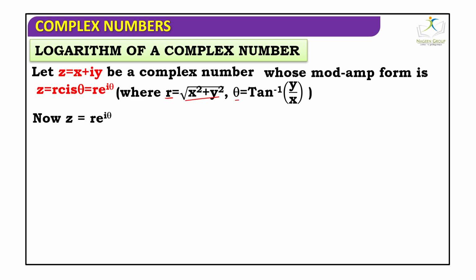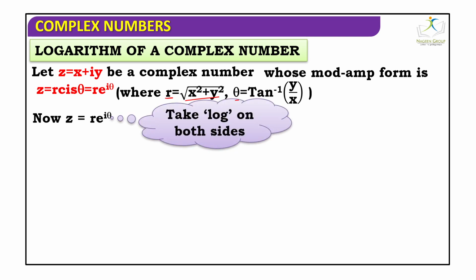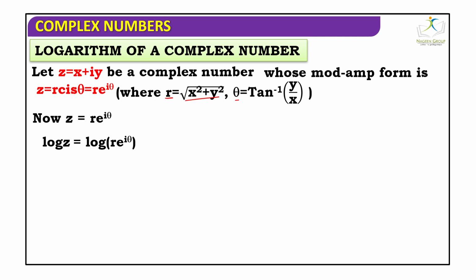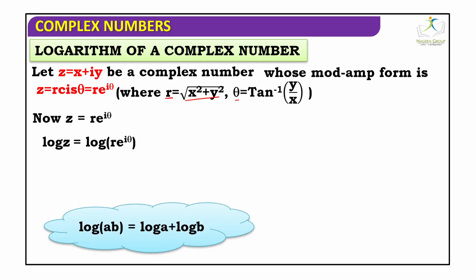Now z equals r e to the power iota theta. Take log on both sides. We are going to take logarithm on both sides, so log z equals log of r e to the power iota theta. Now students, we need to understand the property of logarithm. We say log of m into n equals log m plus log n.